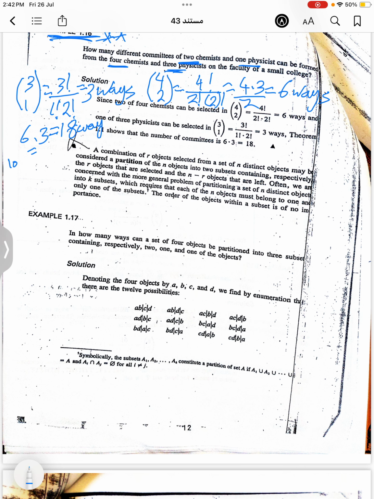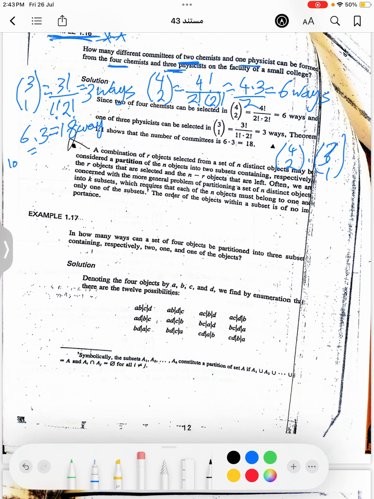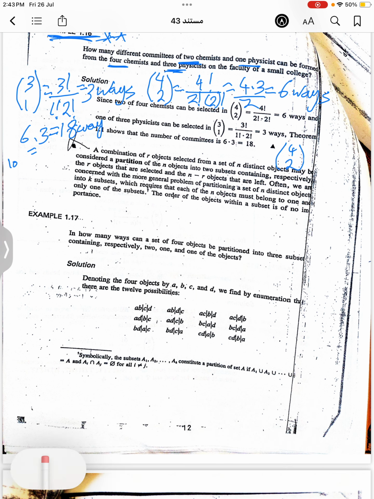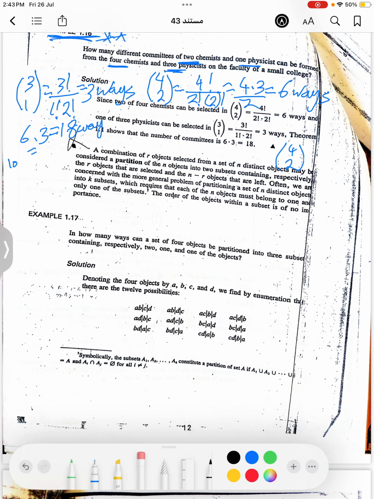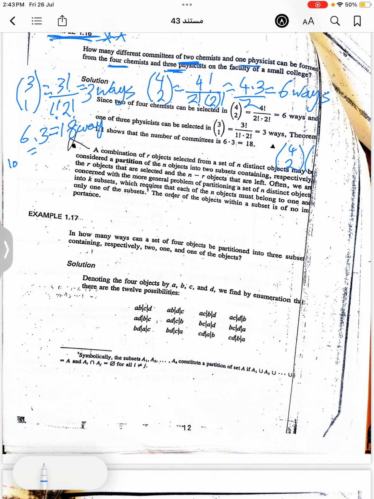You divide it into 2 for physics or chemistry, or you can solve it at the same time: 4 over 2 multiplied by 3 over 1, which will be 18 ways. This is the number of ways. If you like, you can do it in one step.